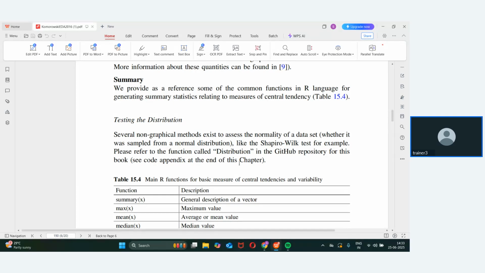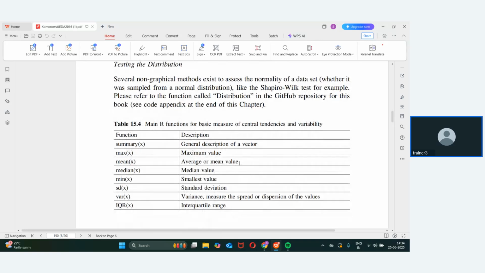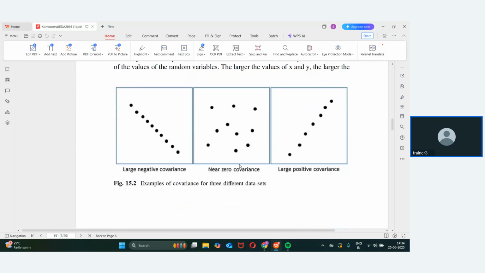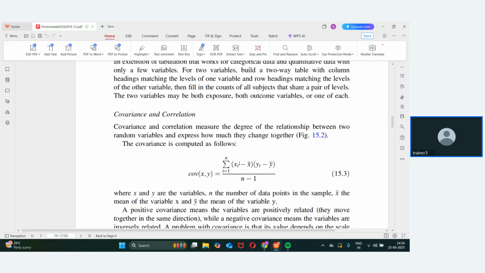Spread includes range, variance, standard deviation, interquartile range, and the last one is frequency tables. That is all about non-graphical EDA. And under graphical EDA, we deal with histograms, box plot, bar chart, pie chart, and all of this. So these all come under visual elements. We use graphical methods there.